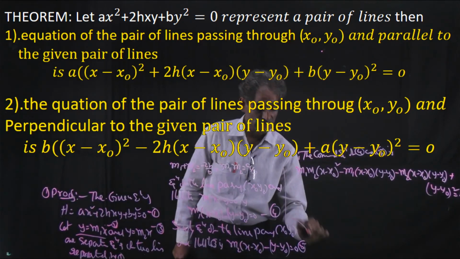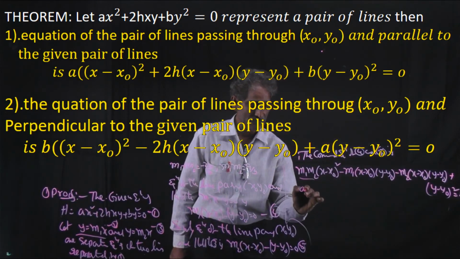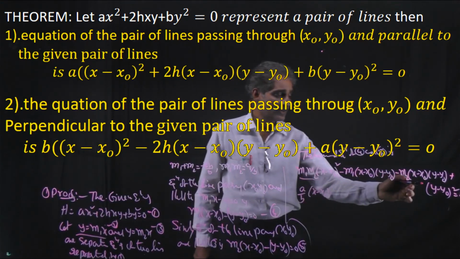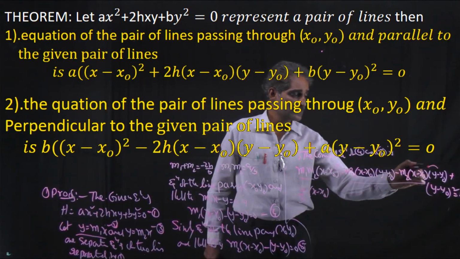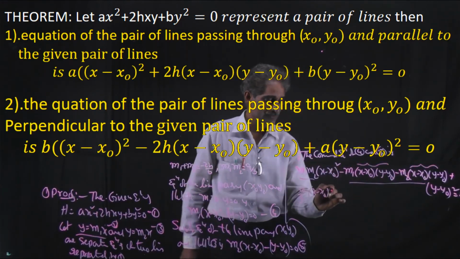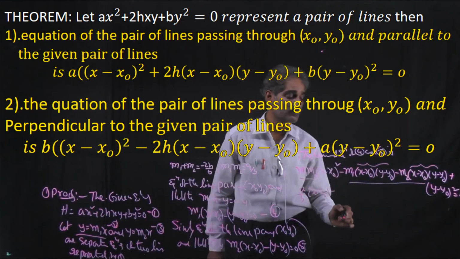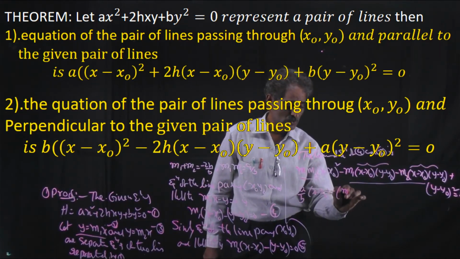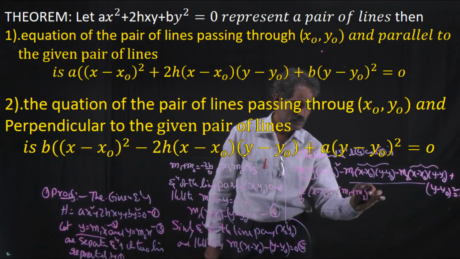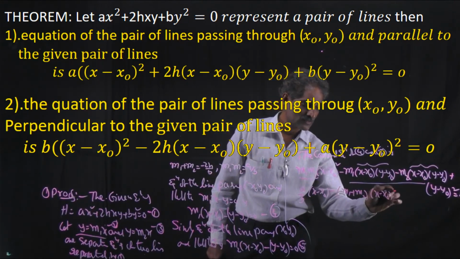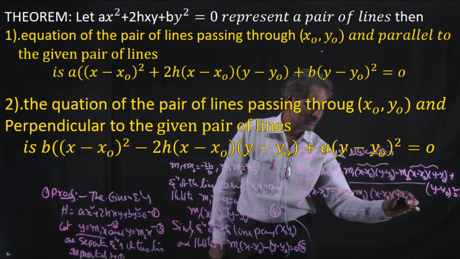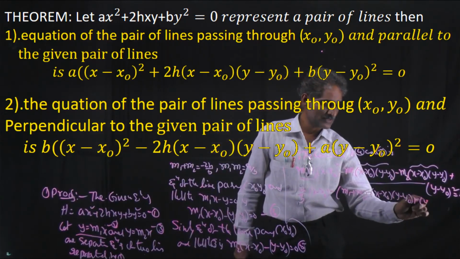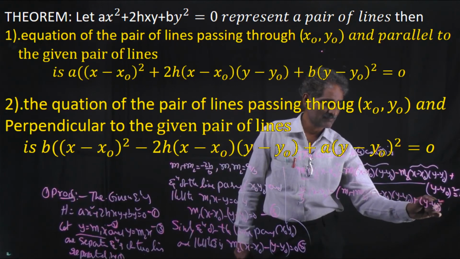Now write down the values for m1m2, that is a/b times (x - x0)². Two terms are common. If you take minus (x - x0)(y - y0) common, then we will get (m1 + m2)(x - x0)(y - y0), plus (y - y0)².